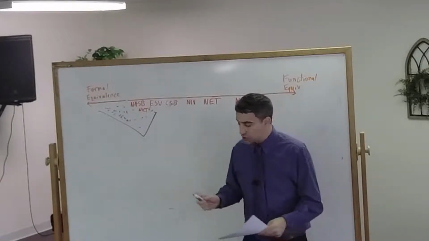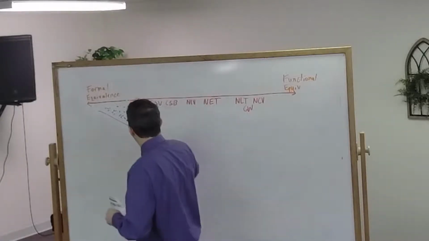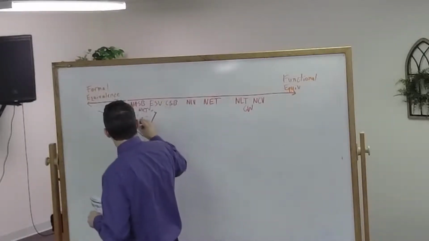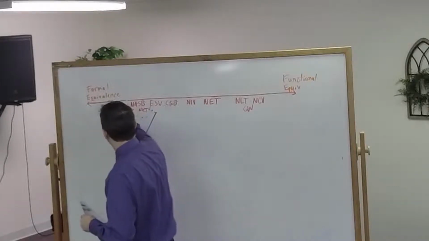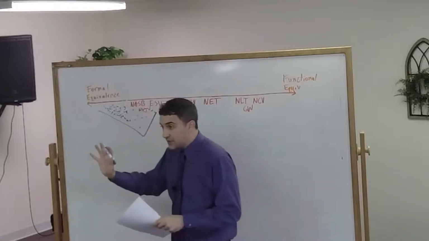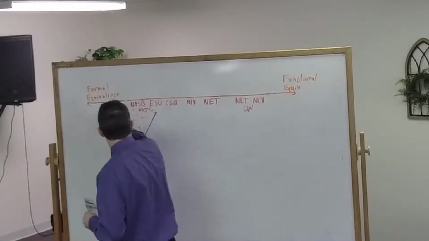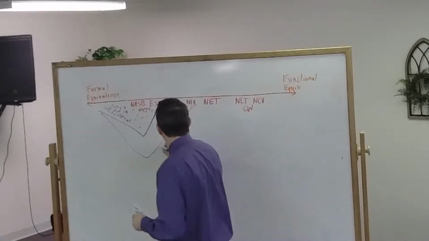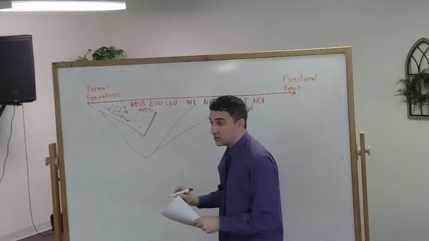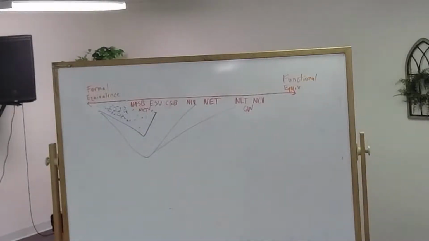So he has this cool chart, which I'll draw for you, and then I'll show you his actual chart from this book, in which he shows that they may claim that most of their translations are formal, toward this side of things, but in reality, a translation like the New American Standard or the ESV is actually more like that, and sometimes even more like that. So that's the drawing. Let me show you his chart from his book.